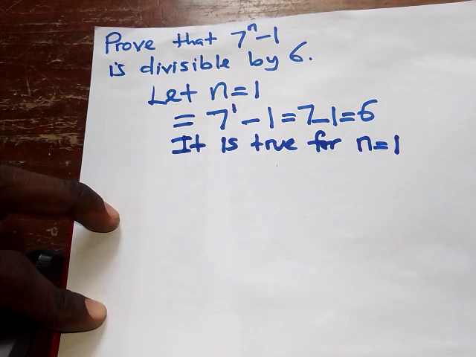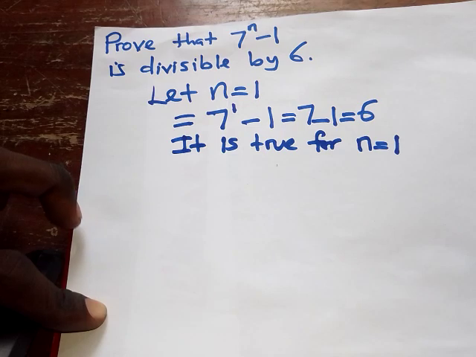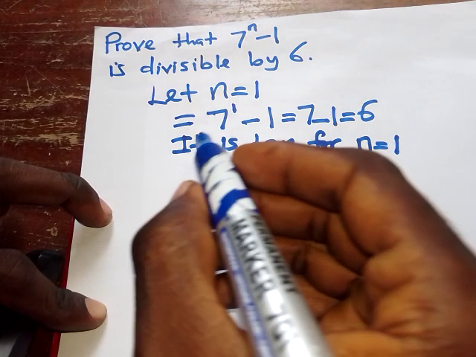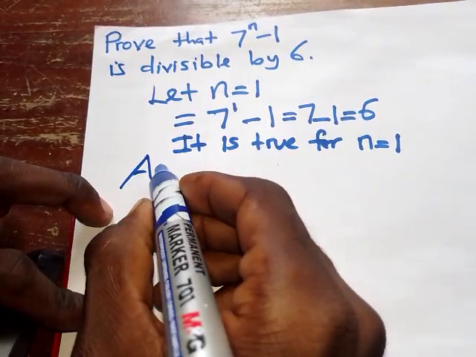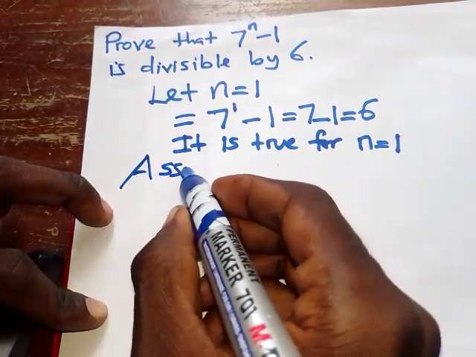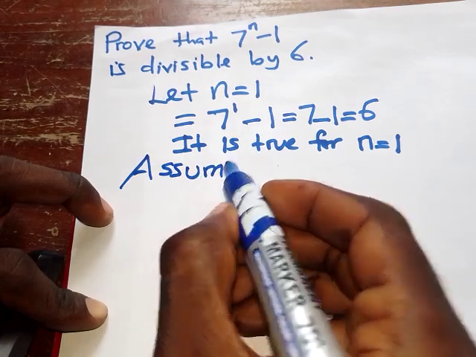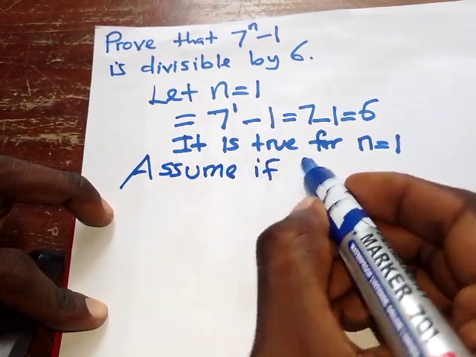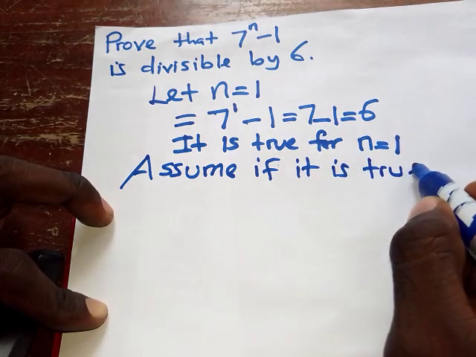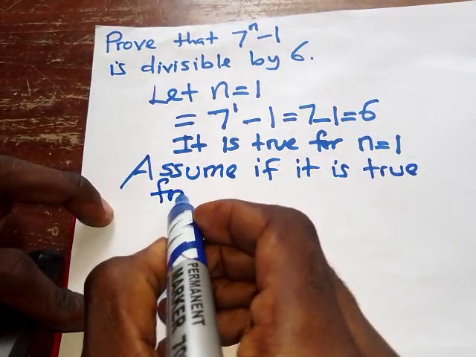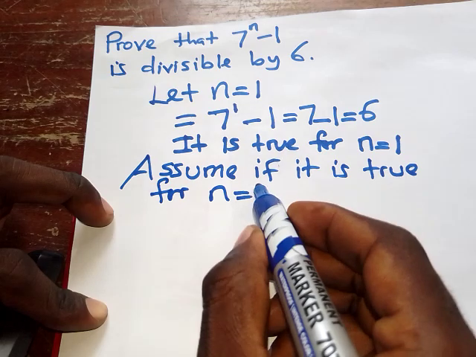Now for the second step, this is the assumption step or the inductive step. For this one, the first assumption that we are making, we want to assume it is true for n equal to k.